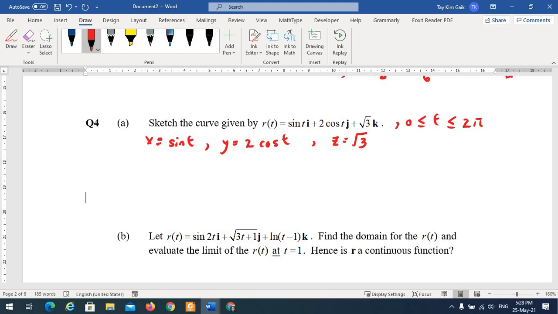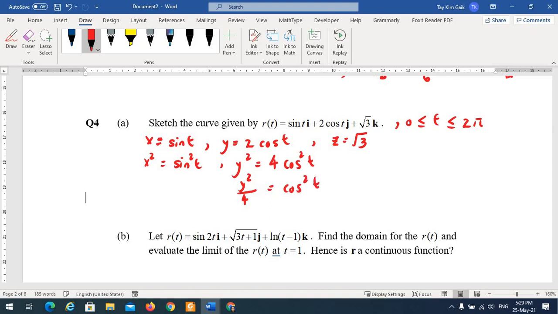So you can square x and y here. x squared equal to sin squared t. For y, y squared equal to 4 cos squared t. We want the term sin squared t plus cos squared t, that's why you make it y squared over 4 equal to cos squared t.